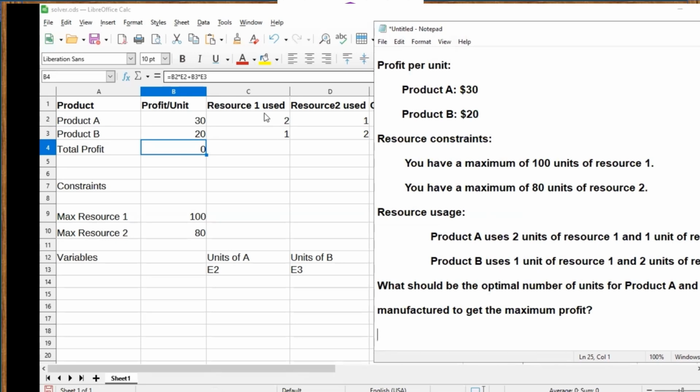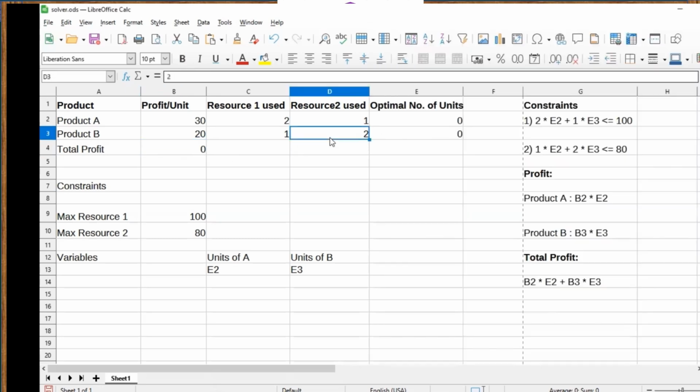It will be the target cell, which is to be maximized. Cells E2 and E3 will have the optimal units of product A and product B. These two variables, cells E2 and E3, are to be changed to achieve the target.